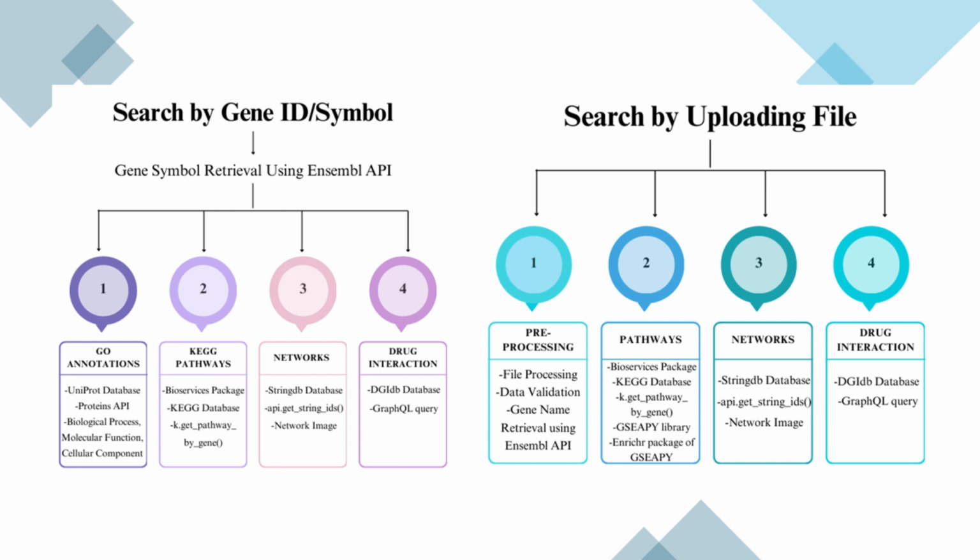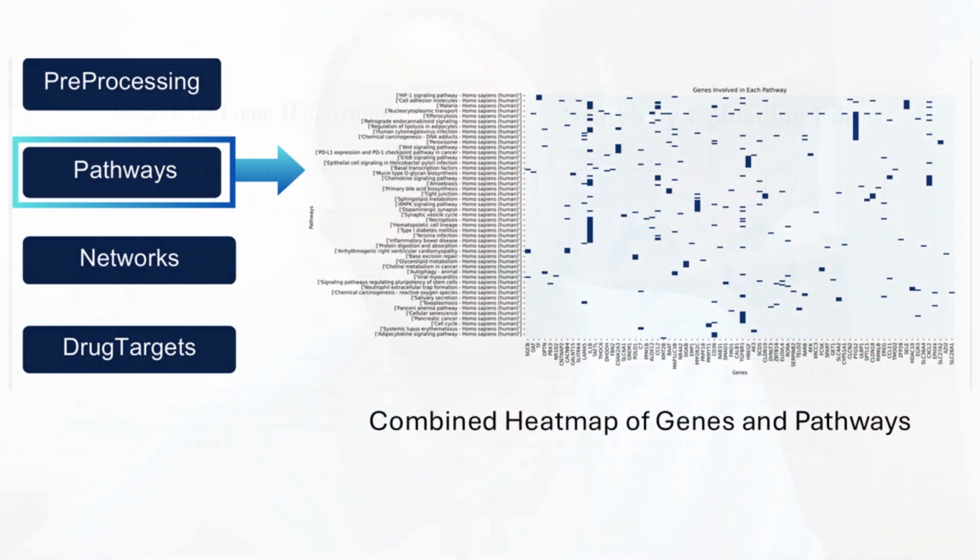Also, after pre-processing, for example, if we have a file which has 1000 differentially expressed genes, and we want to see what pathways they are involved in, it will give you a list from the KEGG pathway database of how many of the 1000 genes are involved in which pathway, and how many genes are involved in each pathway.